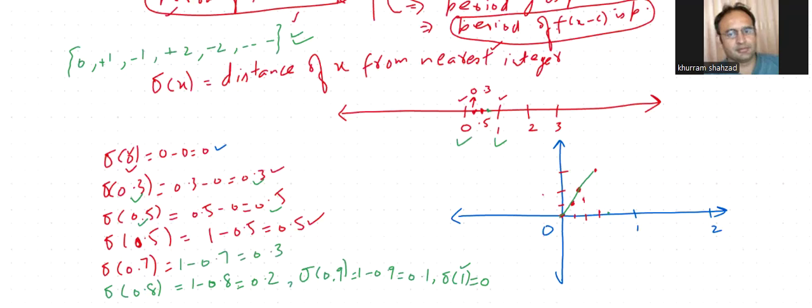Now you have to make a point at 0.7, its value is 0.3. At 1, its value is 0. Now it is coming back. It should be a straight line. It is meeting at 1.